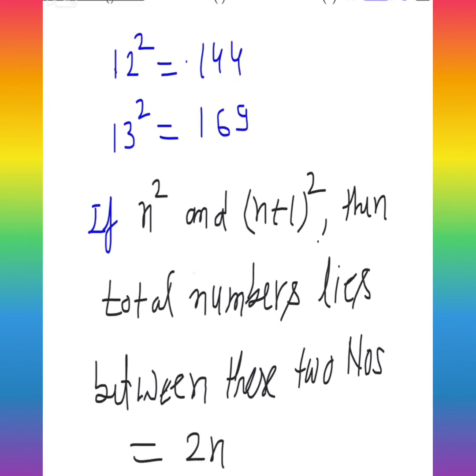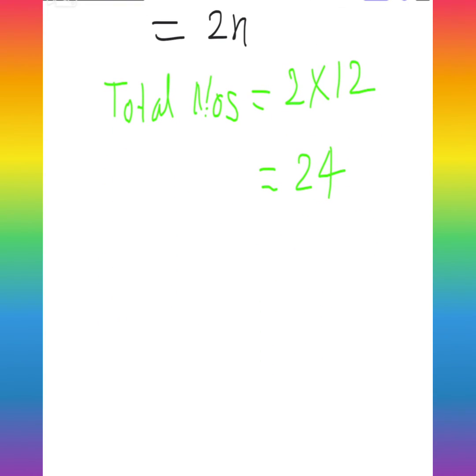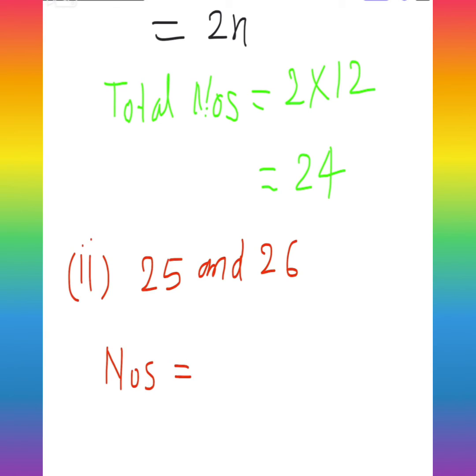For the second part, the numbers equal 2 into n. n means 25, so this gives you 50. It means between the square of 25 and the square of 26, you will get 50 numbers.